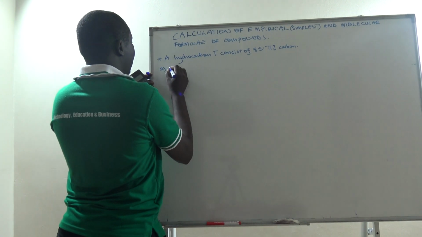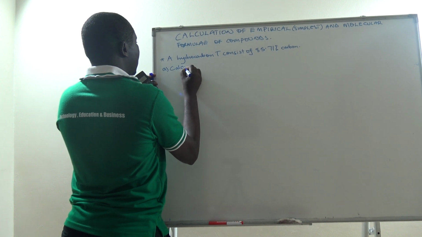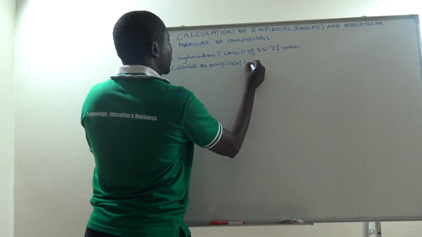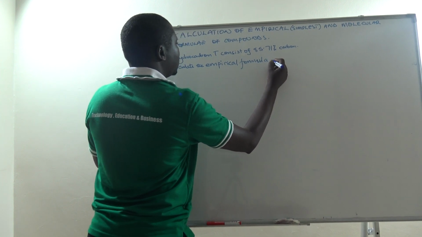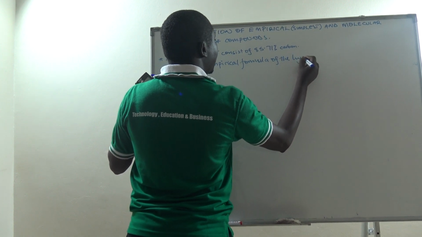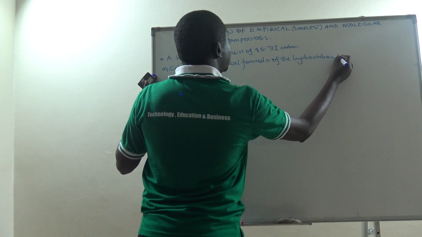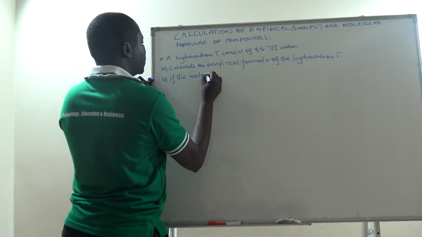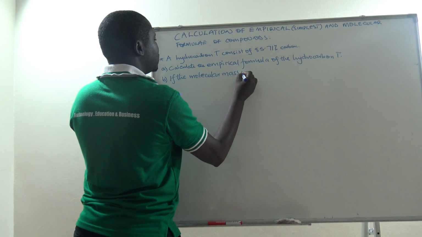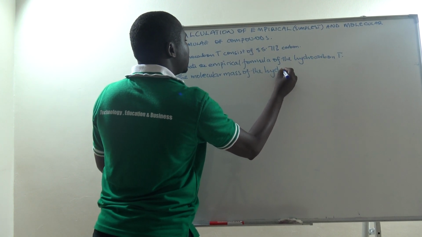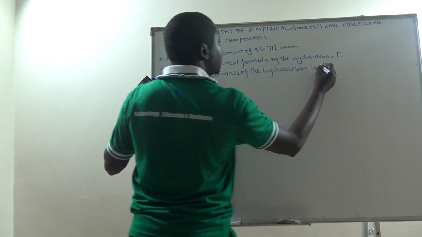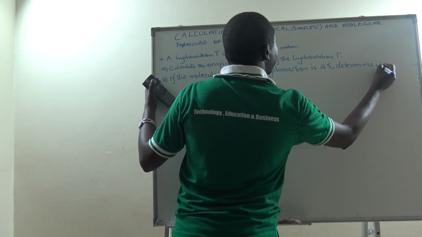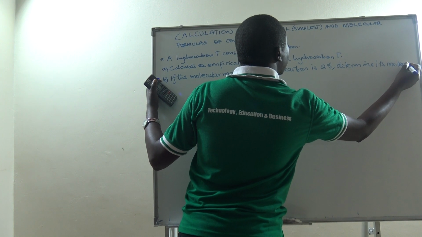A. Calculate the empirical formula of the hydrocarbon T. B. If the molecular mass of the hydrocarbon is 28, determine its molecular formula.